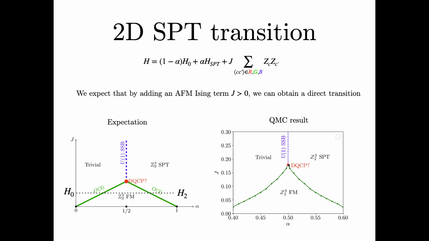We believe that after you go along this critical point, the U1 becomes spontaneously broken, and that's because the Z2 cube symmetry here has a mutual anomaly with the U1 symmetry that exists over here.